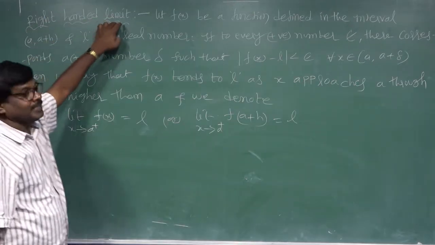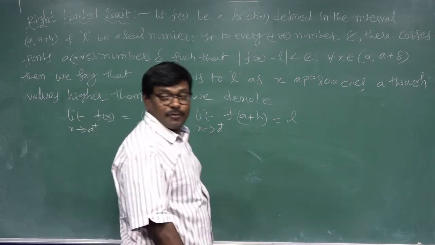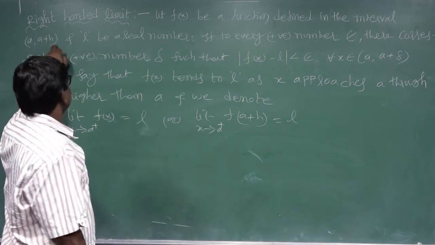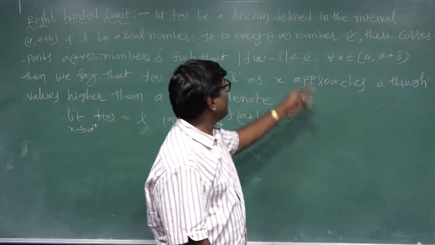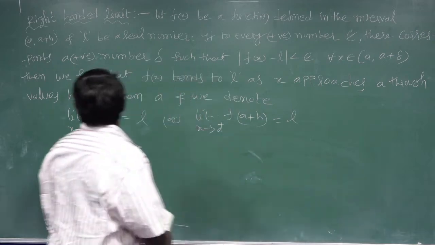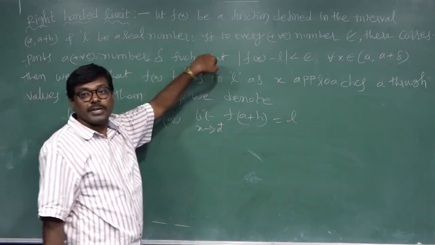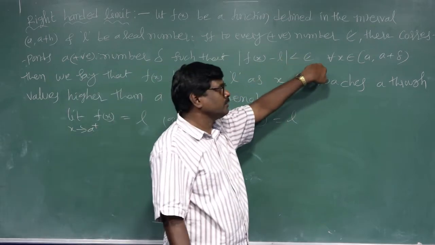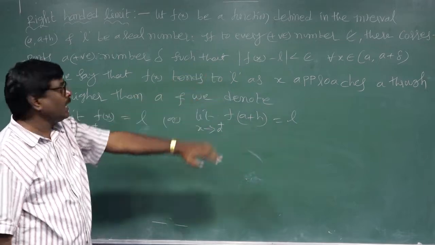Right hand limit. Let f of x be a function defined in the interval A comma A plus h, and let L be a real number. To every positive number epsilon there corresponds a positive number delta such that mod of f of x minus L is less than epsilon for all x belonging to A comma A plus delta.